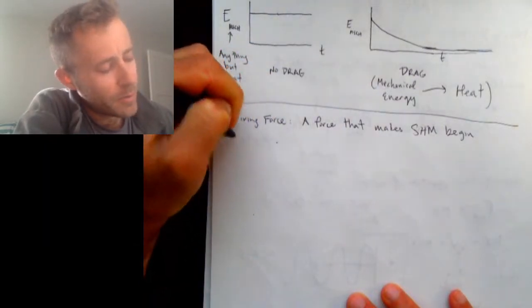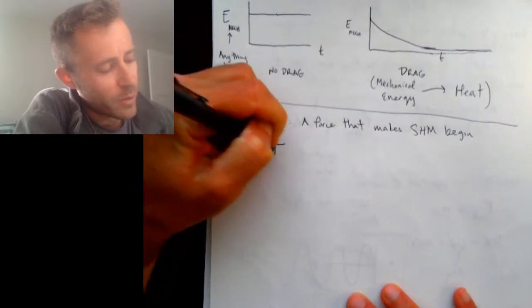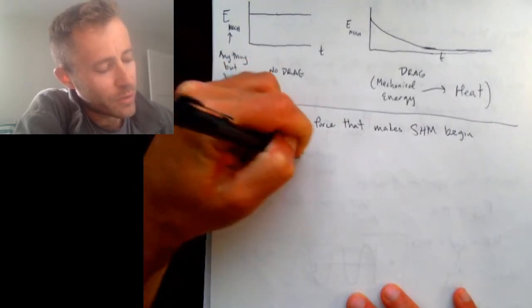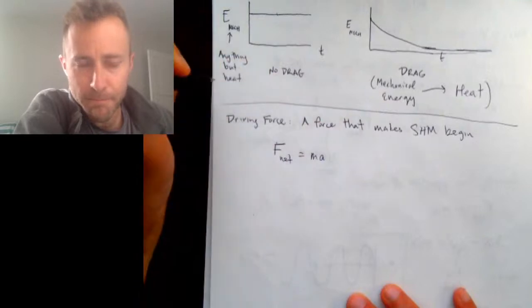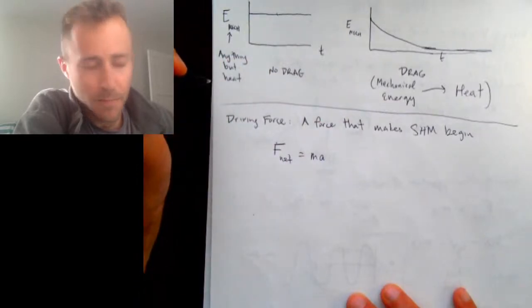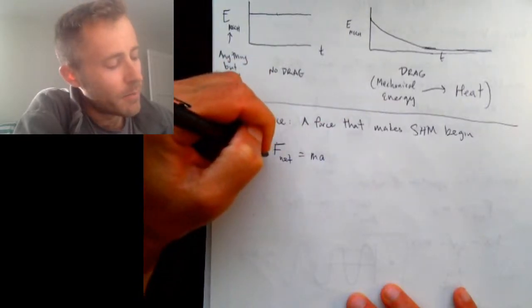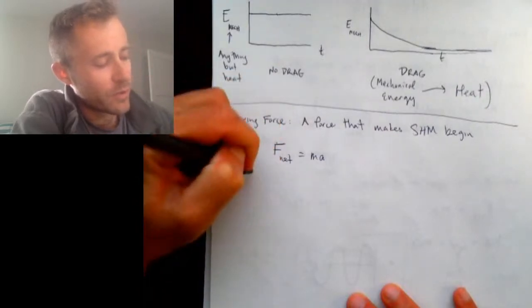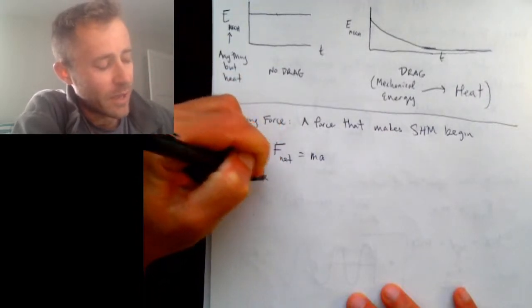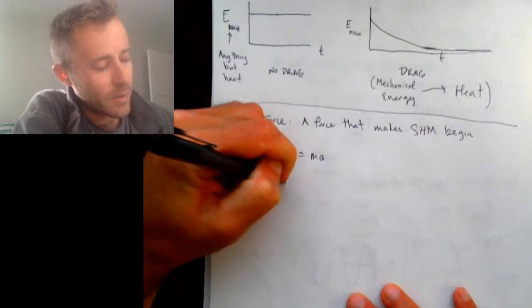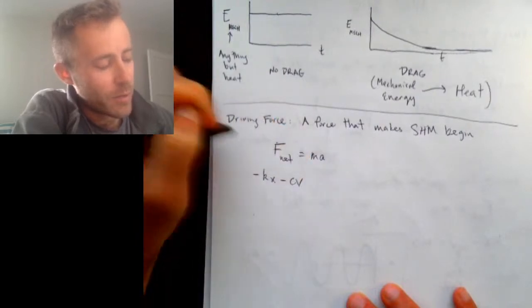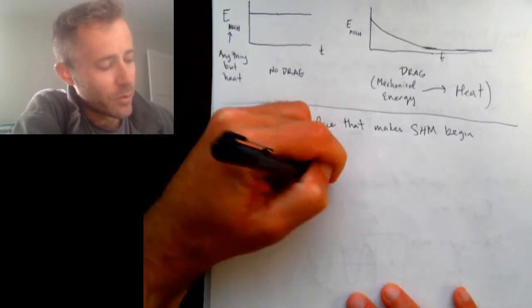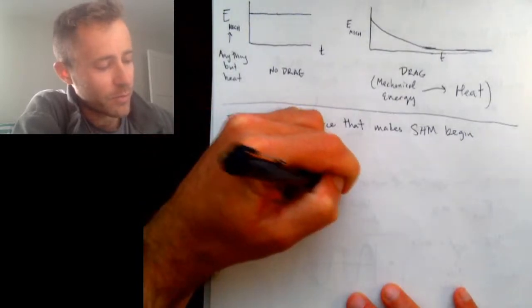So what will happen is if we go back to the equation of motion, we have net force equals ma. The net force in this case is going to be the elastic force, the drag force, but then we're also going to include the driving force.